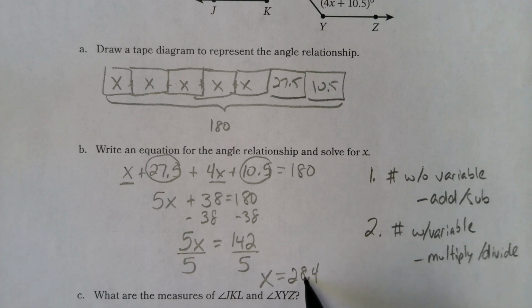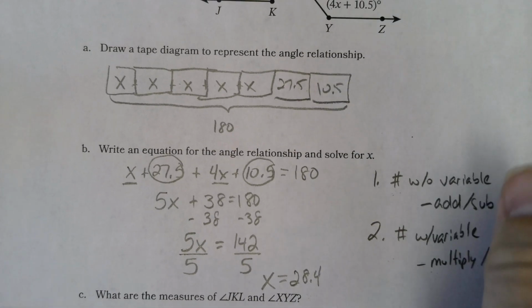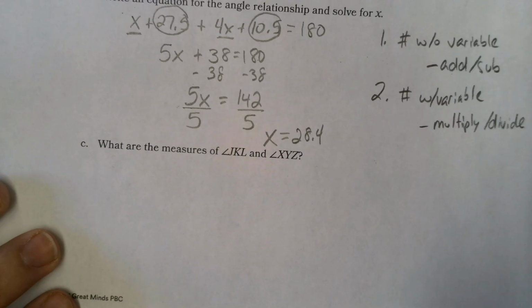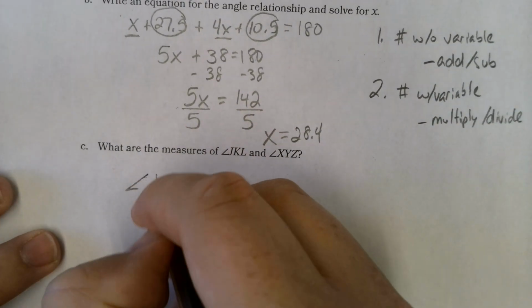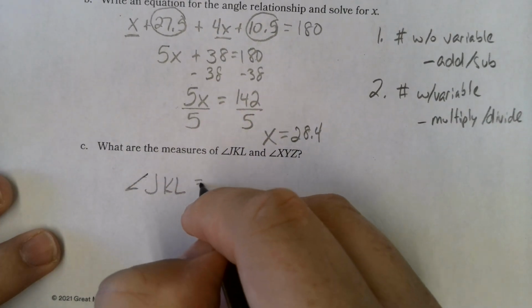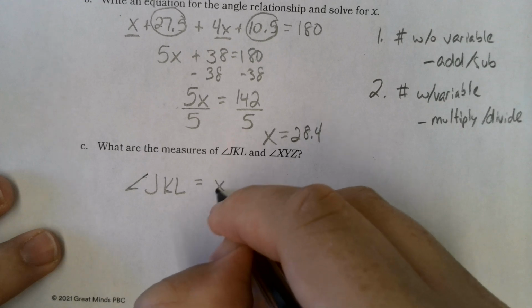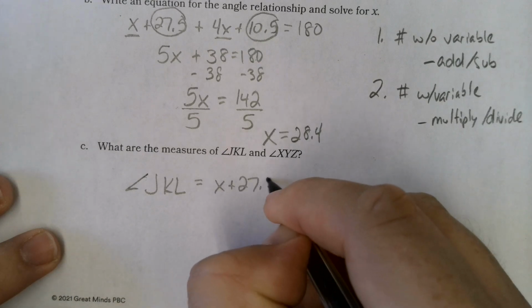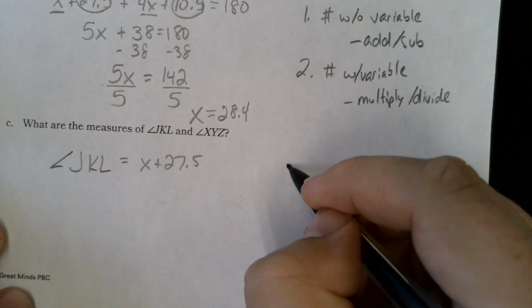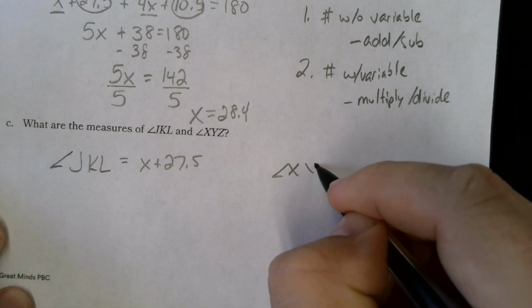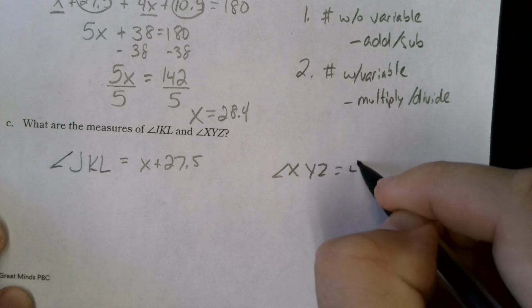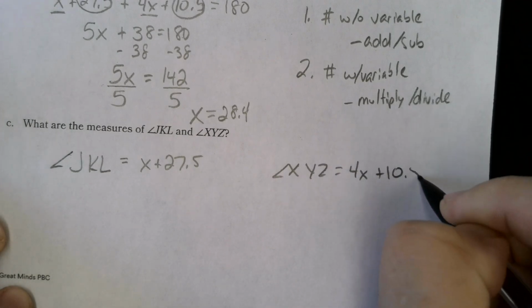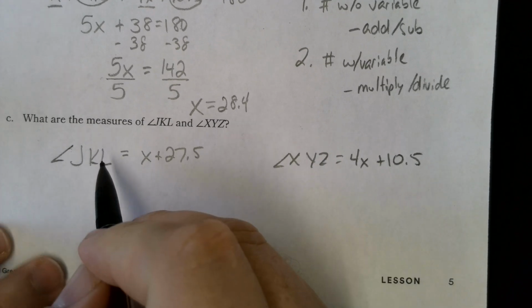So now that we know that x is 28.4, we want to know the measures of angles JKL and XYZ. JKL is x plus 27.5, and angle XYZ is 4x plus 10.5. So let's start with JKL.